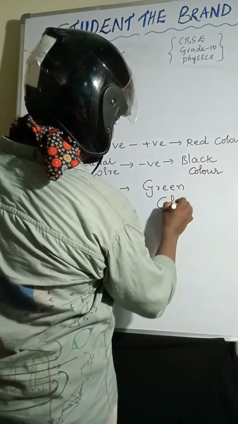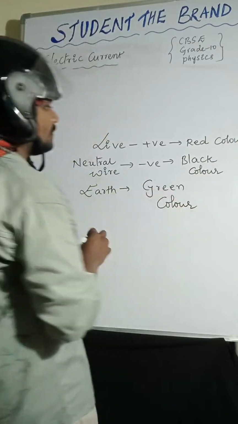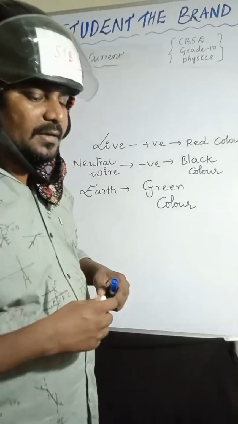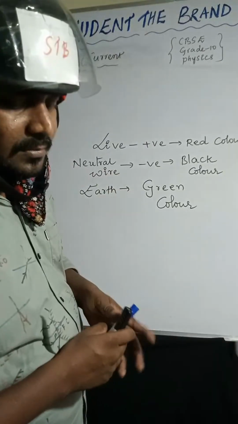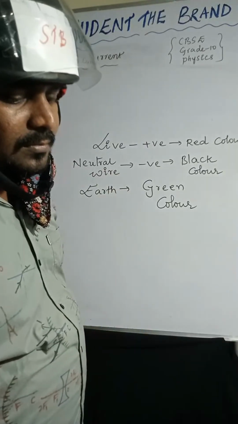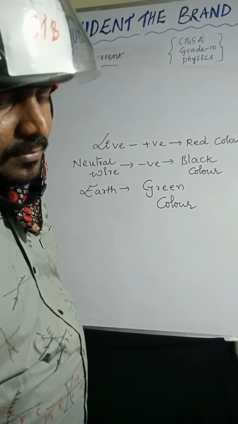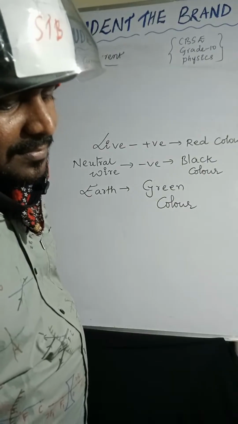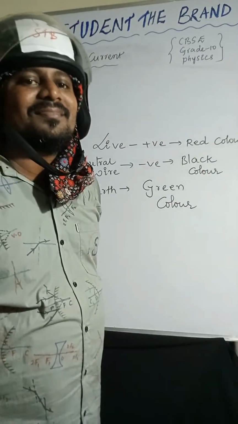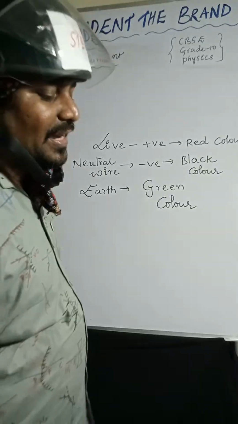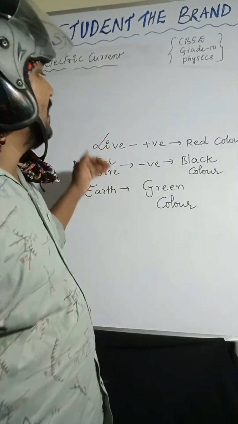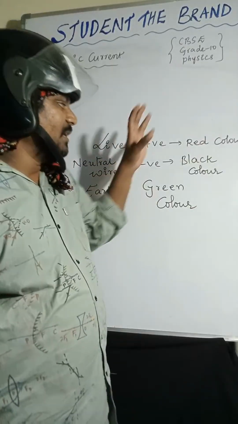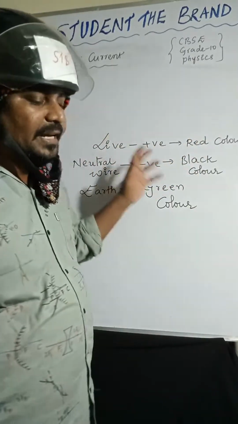Now you can observe that live wire is a positive terminal, red color, neutral wire is a negative terminal, black color, and earth wire is green color.